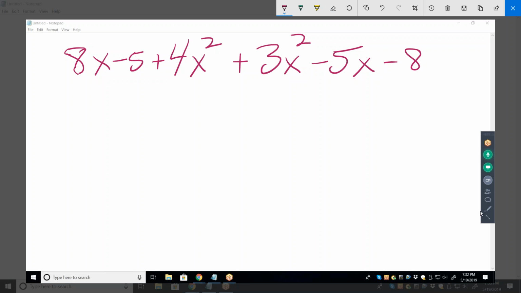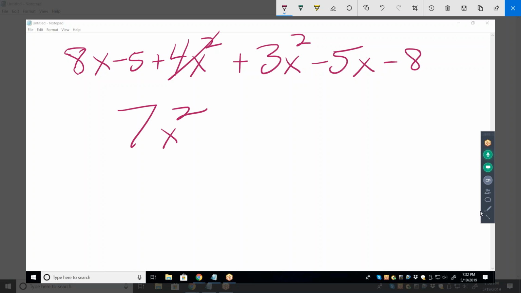Now combine all like terms, starting with the highest degree term. Alright, so it'd be 3x, and then... Hold on, what's the highest degree term? 8. No, the highest degree means the highest exponent. So 2. Okay, so combine all of those. Alright, so it'd be 7x squared.